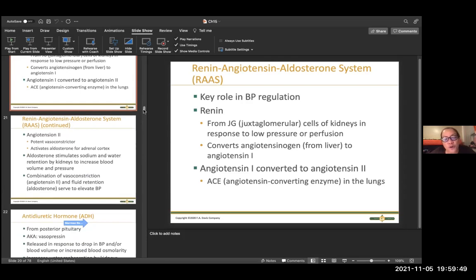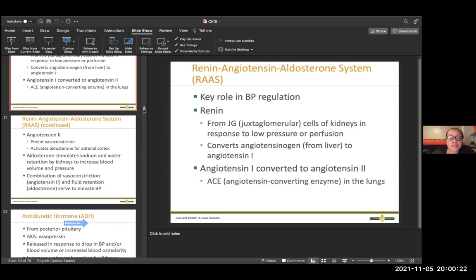So, you've heard about ACE inhibitors. You remember that? They're drugs, right? This is the function of the drug. If you have a patient with heart failure who's taking an ACE inhibitor, this is the rationale. The ACE inhibitor is taken when you have low blood pressure, right?